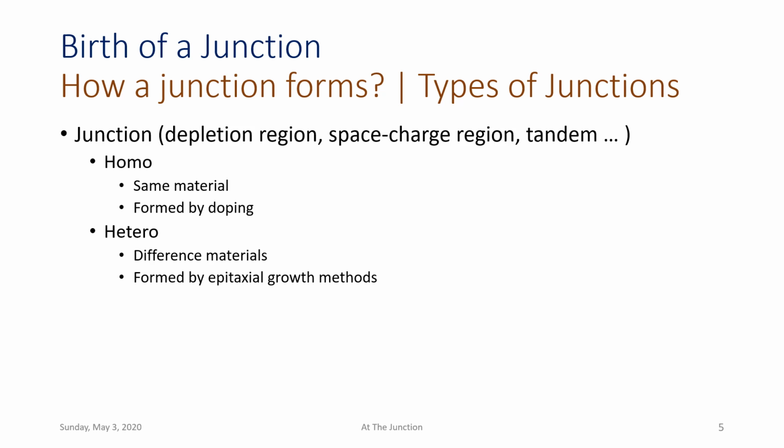The other type of junction is a heterojunction. In case of heterojunction, the materials are different, and these are formed using epitaxial growth methods. So one material could grow on top of another material to form the junction.